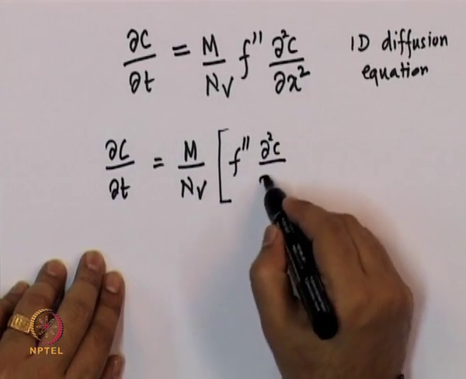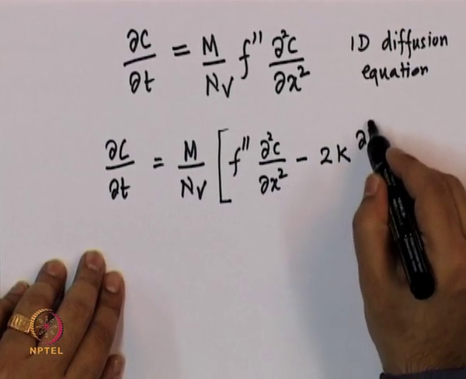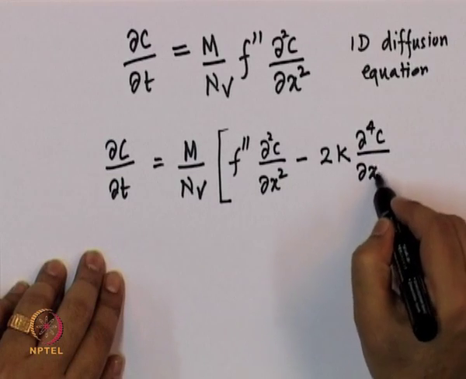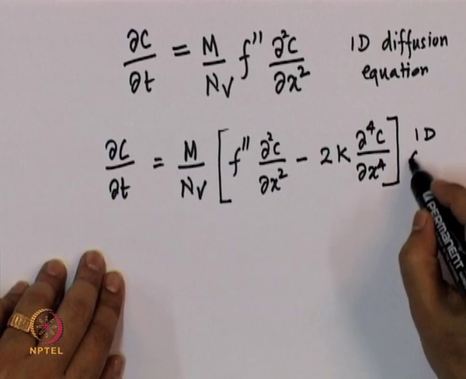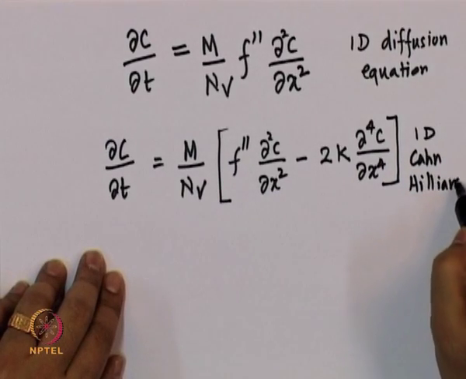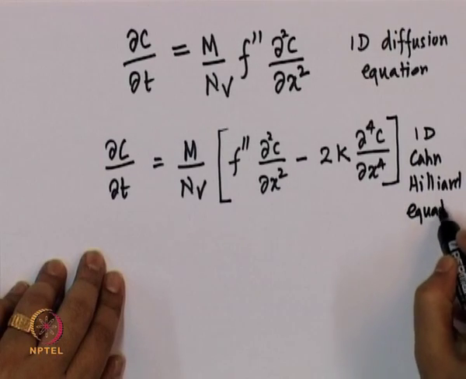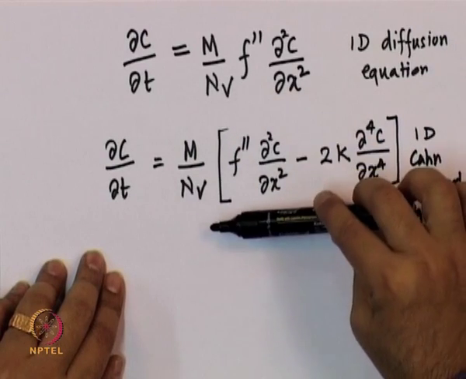This is the 1D Cahn-Hilliard equation. It is clear how these two equations came about.